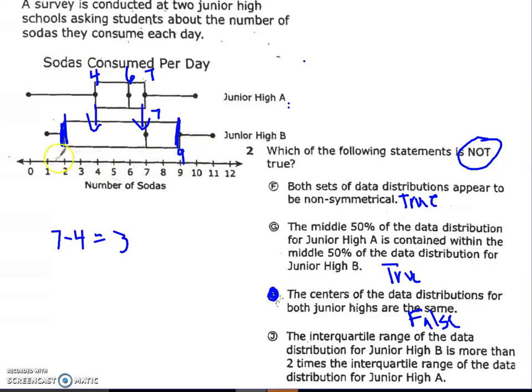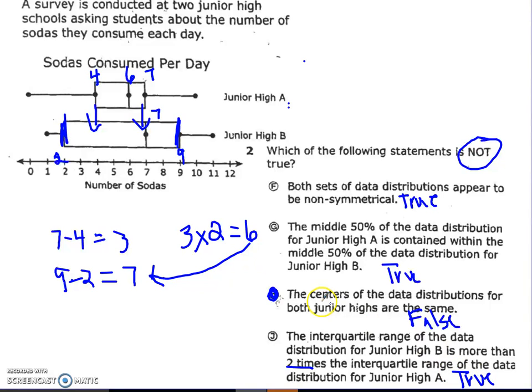Interquartile, 9 and 2. 9 minus 2 is 7. 3 times 2 is 6. This is more than 6, so this is true. It's got to be H. Alright.